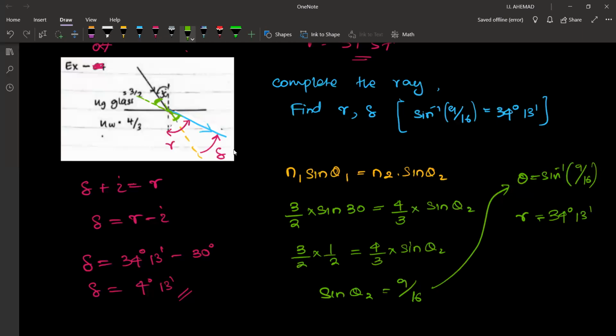That means this should be delta. And this is I. So look, I plus delta and R, they are vertically opposite. So delta plus I is equal to R. That is how I got this equation. Got it?